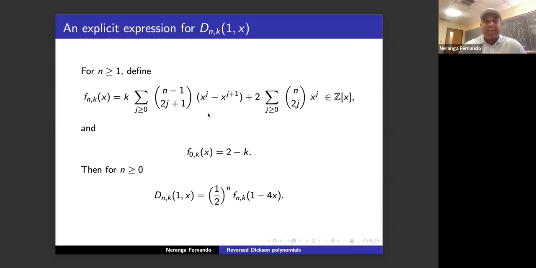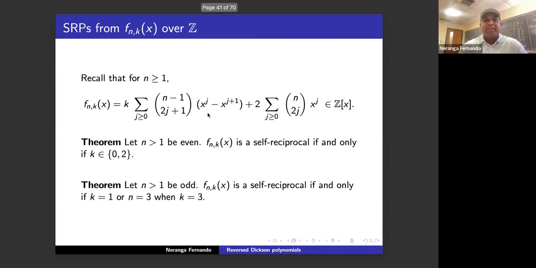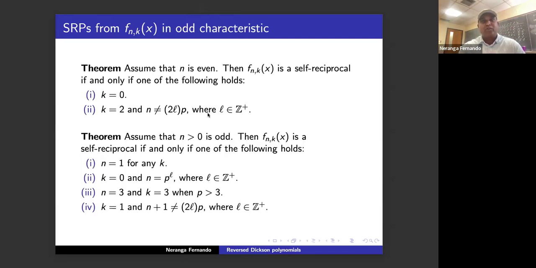I was able to. I first considered the polynomial as a polynomial with integer coefficients, and considered the two cases where the index is even and odd. Here I explained when it's a self-reciprocal polynomial. Then I wanted to go to odd characteristic. I considered this polynomial as a polynomial with coefficients in F_p.